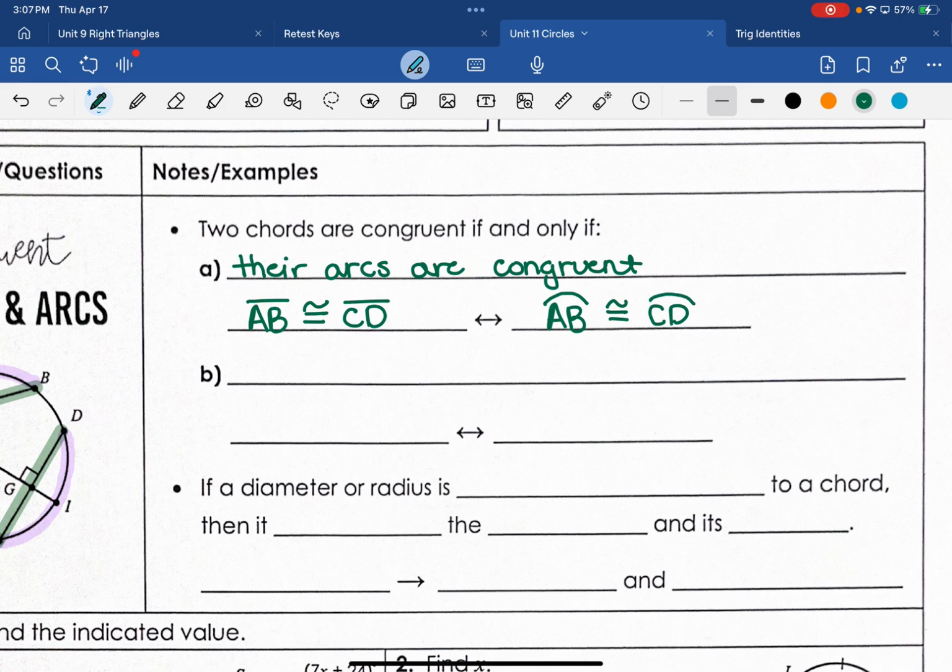So if your chord lengths are the same, then the degree measures of your arcs are the same. Again, not a difficult concept. We just got a lot of information.